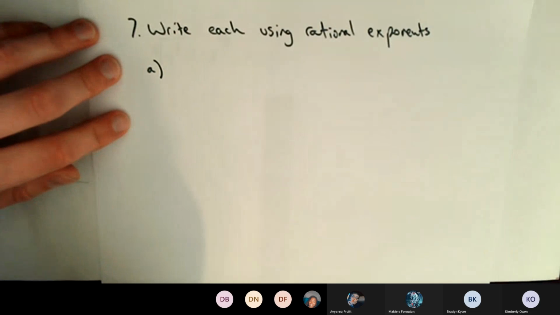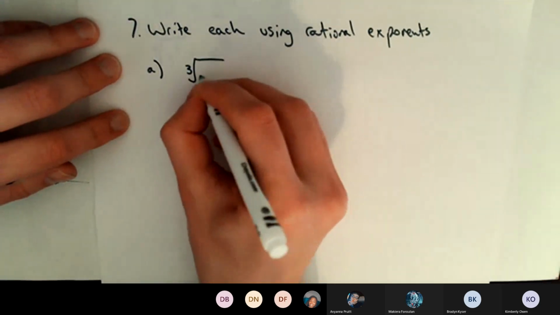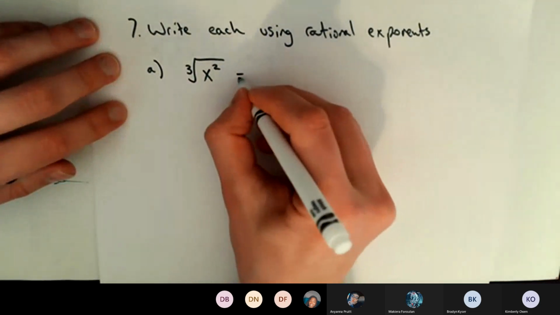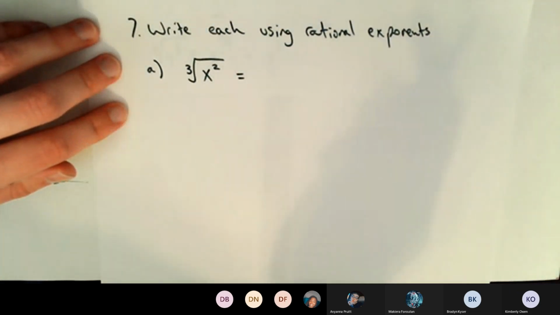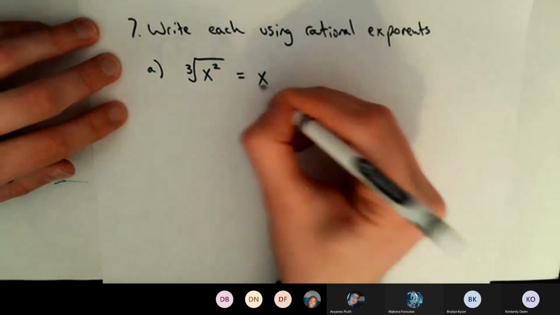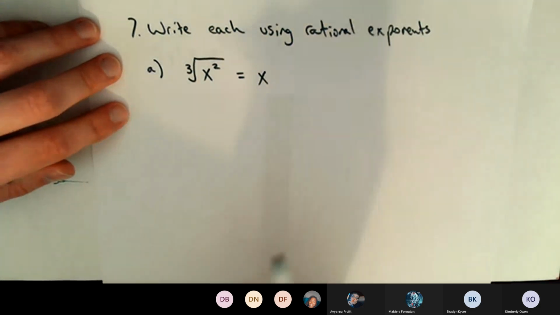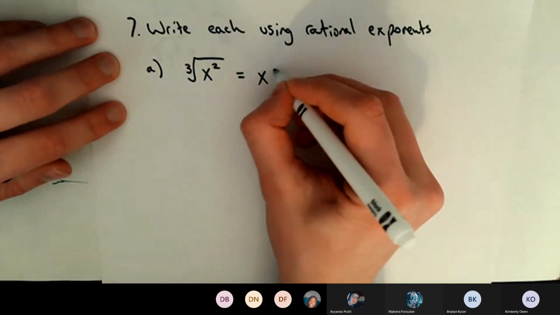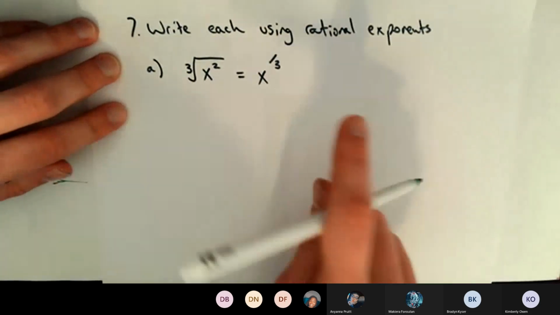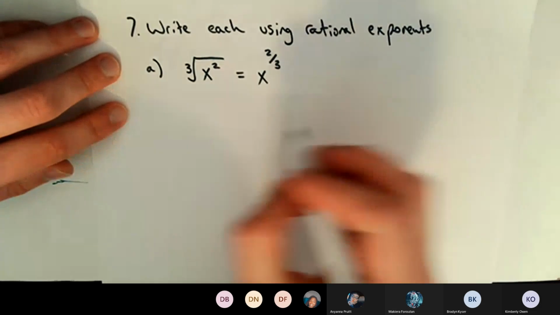A. Let's say we have the cube root of x squared. Well, that'll be x, and now I'm writing it as a rational exponent, so it's going to be a fractional exponent up here. The denominator should be that index, and the numerator will be the number inside there. So there we go, x to the 2/3.